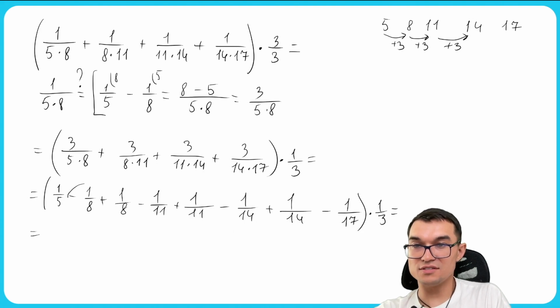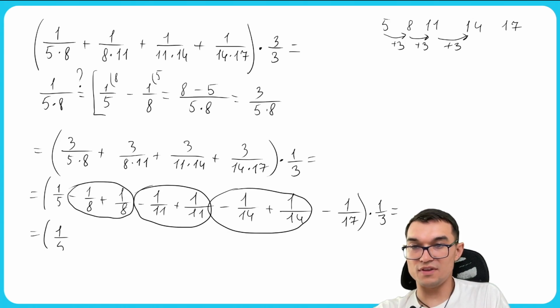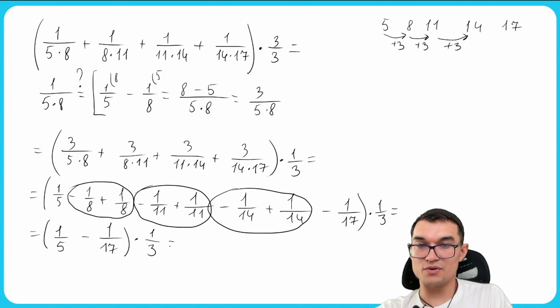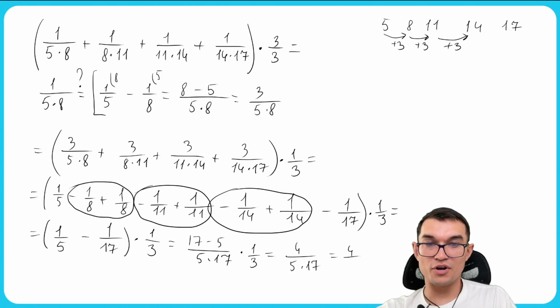And now these two fractions add up to 0, that is 0 as well, and here we have 0. So the result is 1/5 minus 1/17 times 1/3, which is now equal to 17 minus 5 over 5 times 17 times 1/3, which is 4 over 5 times 17, or 4/85.